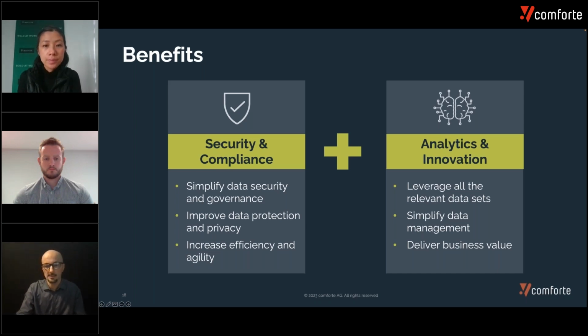They can simplify data security and governance, improve protection and privacy, increase efficiency and agility by applying those security controls directly on the data, having consistent protection across the data environment, streamlining and reducing the overhead. And business teams can now get access to and leverage all the relevant data sets, something they would not be able to do without proper data protection. And by being able to work with that data, they can also deliver the expected business value.